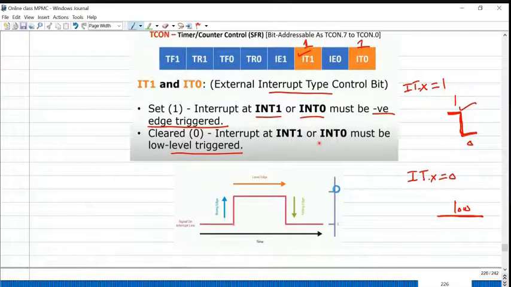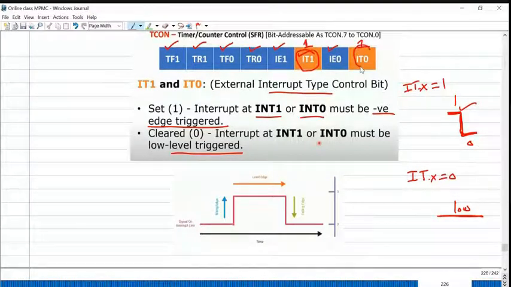Okay, do you understand? I'll repeat once again. When timer 1 overflows, this flag will be set. When timer 0 overflows, this flag will be set. To start timer 0, its bit should be set by the programmer. To start timer 1, its bit should be set by the programmer. Whenever INT1 receives an external interrupt, its flag bit will be set. Whenever INT0 receives an external interrupt, this flag bit will be set.